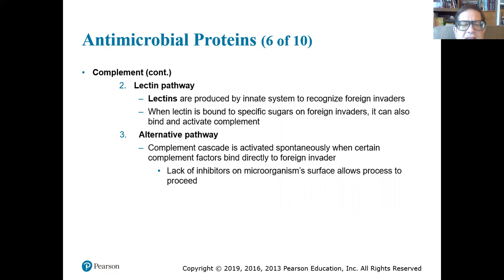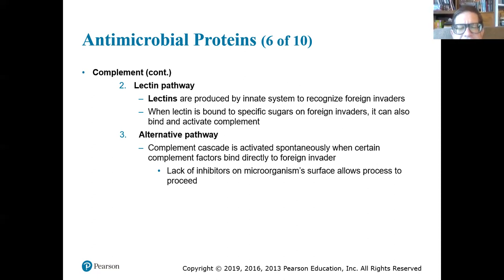You could also have the lectin pathway. The innate system will make chemicals called lectins that recognize foreign invaders. When a lectin binds to antigens on the invading cell, it can also bind to a complement and activate the complement.